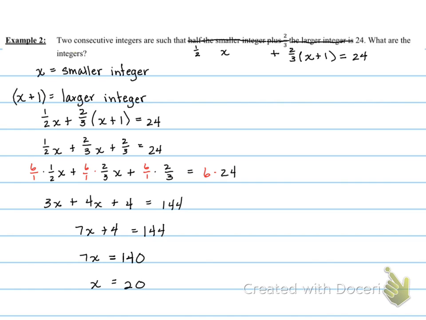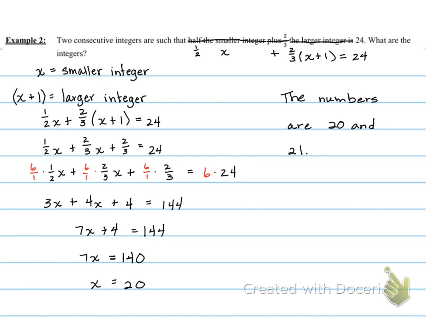So now we just have to add 1 to it to get the larger one. So the numbers are 20 and 21.